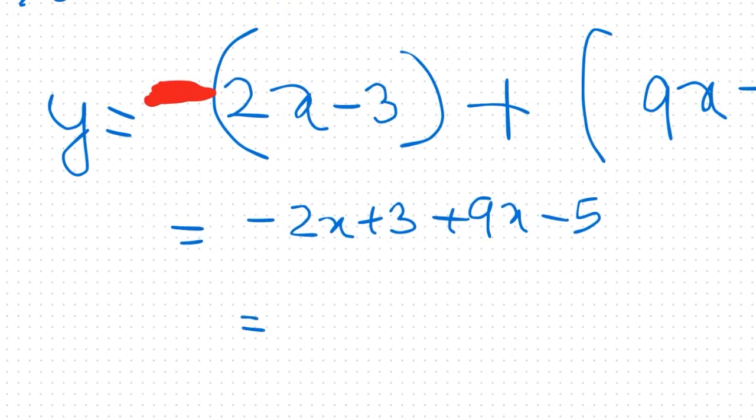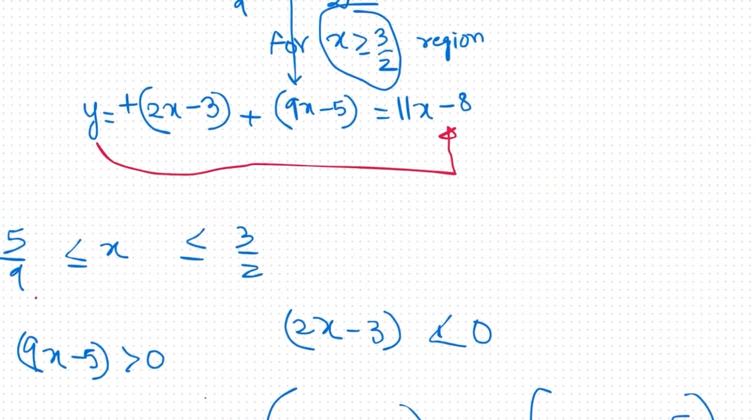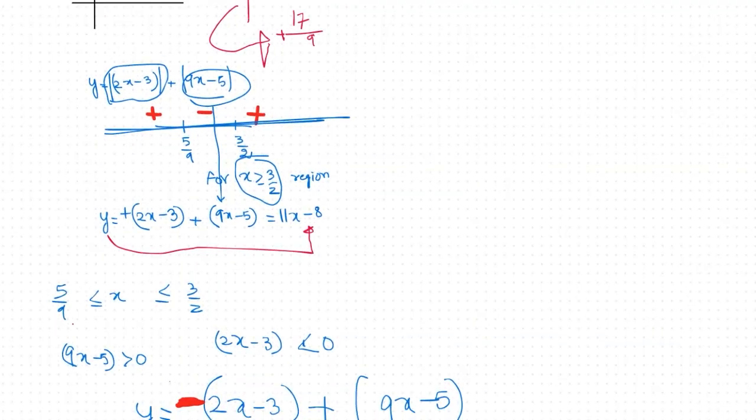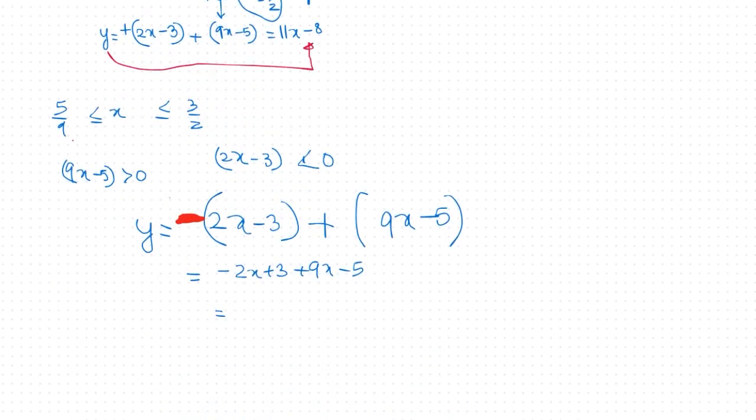Wait, so how is this one negative? Minus. Minus. Okay. So did you get from here? This way? See, if it is in this region, see 9x minus 5. 9x is greater than or equal to 5, right?